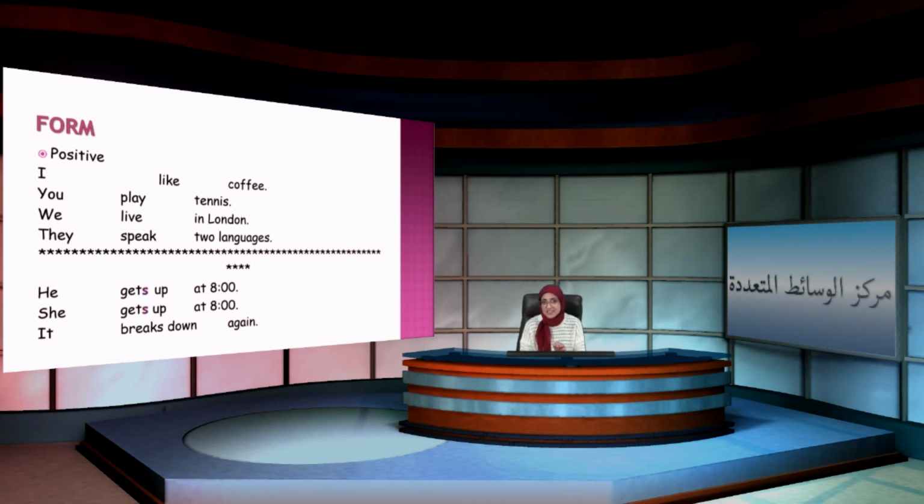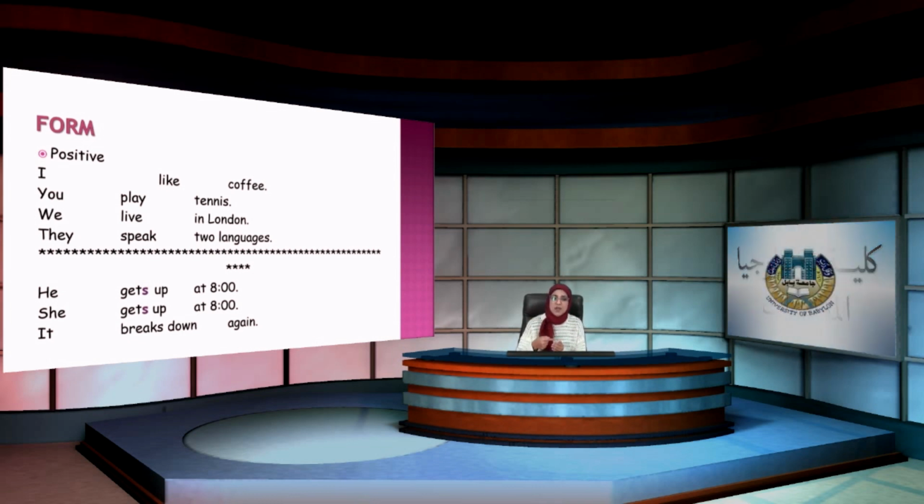Pay attention. Here we have the verb get with S. He gets up. So this S is called the third person singular S, which is added to the verb when the subject is singular and when the subject is in the third person.